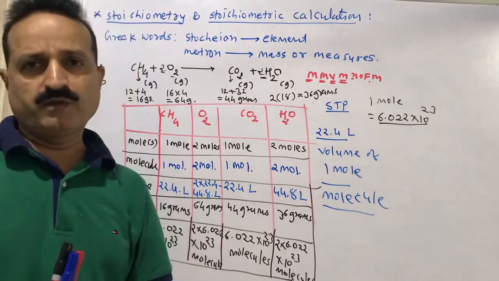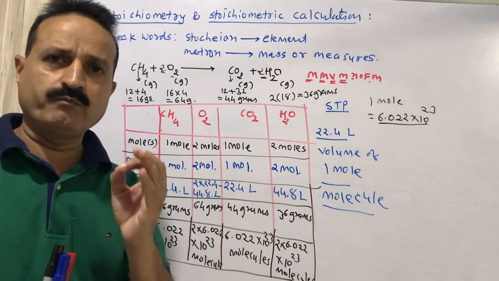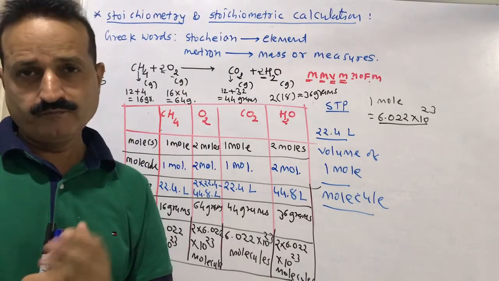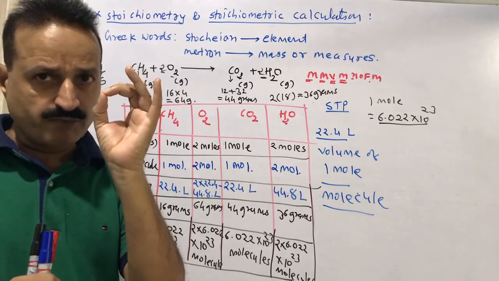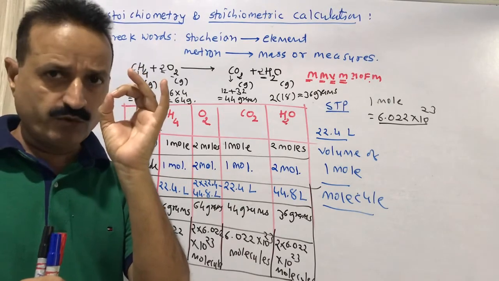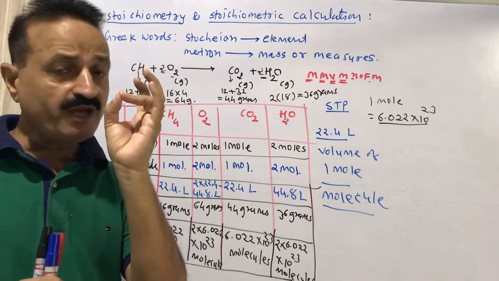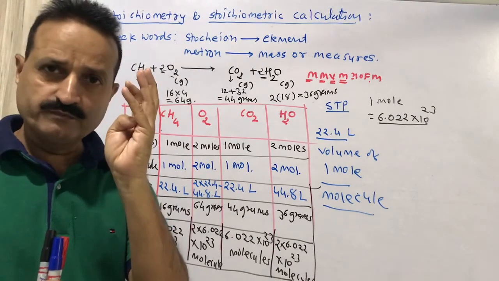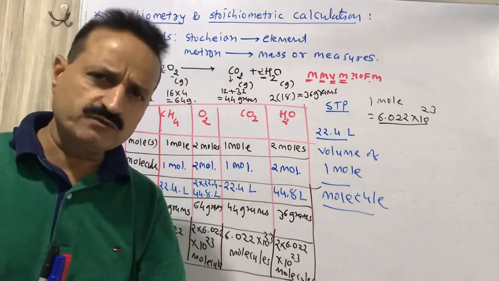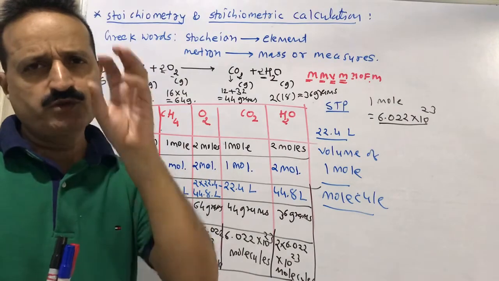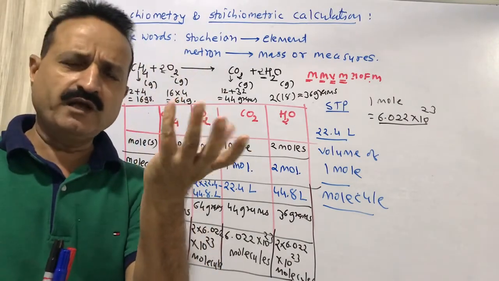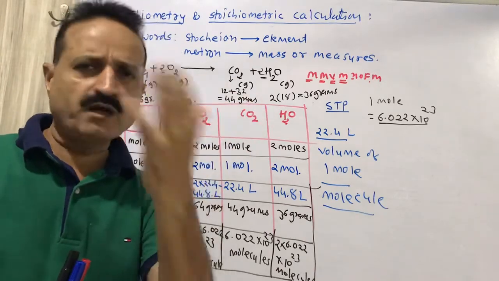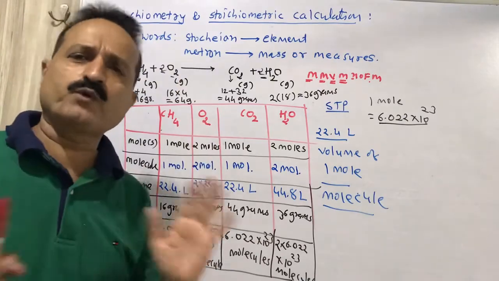You can remember very easily: M, V, M, and N of M. M means mole, M means mass, V means volume, and N of M means number of molecules. The order can be changed, it is not incorrect. You can start with mass, or take molecules or moles. No problem, this sequence is not important.